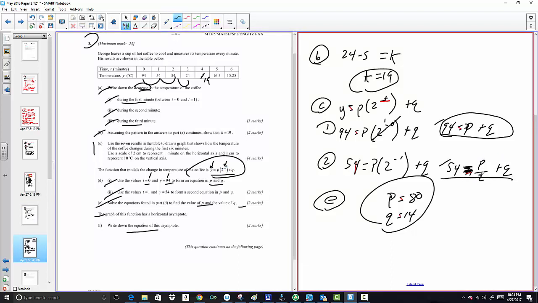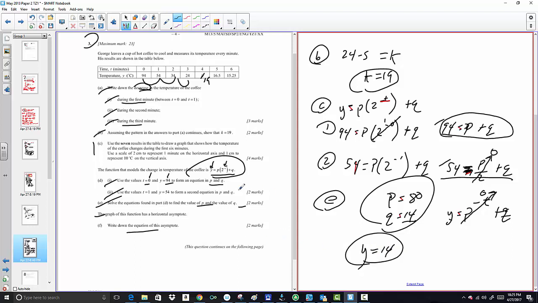So this whole thing will get really, really small. In fact, this will approach 0, right? So if I have y equal to p to the power of negative t plus q, and I make t sufficiently large, this is going to approach 0. So y will equal whatever q is. Now, since we know q is 14, the asymptote is y equals 14.